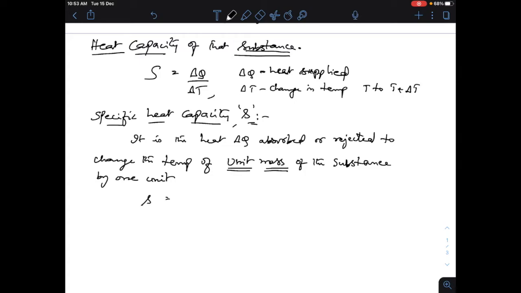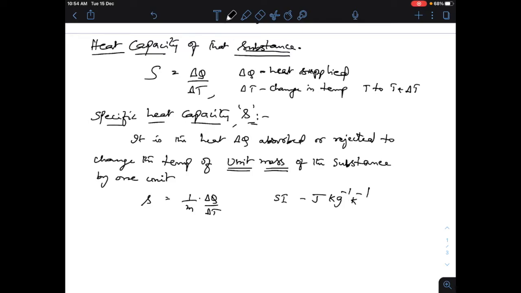So this s can now be written as 1 by m delta Q by delta T, and the SI unit is joules for Q, that is heat, kg inverse for mass, and Kelvin inverse for temperature.